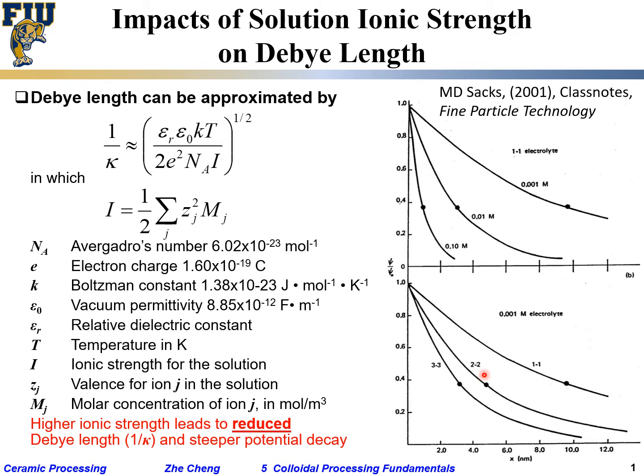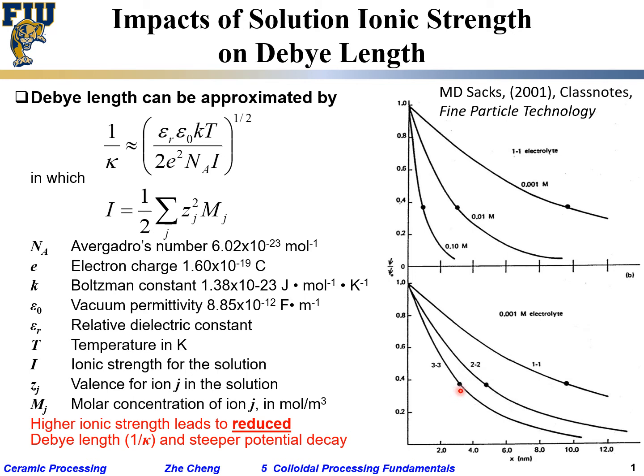Make sense? The 2 means the cation has valence 2. The other 2 means the anion has valence 2. And as a result, this one compared with that one has higher ionic strength, even though both of them have the same total electrolyte concentration, because each ion is more highly charged, it has overall higher ionic strength I, and as a result, we also have a more squeezed double layer or shorter Debye length.